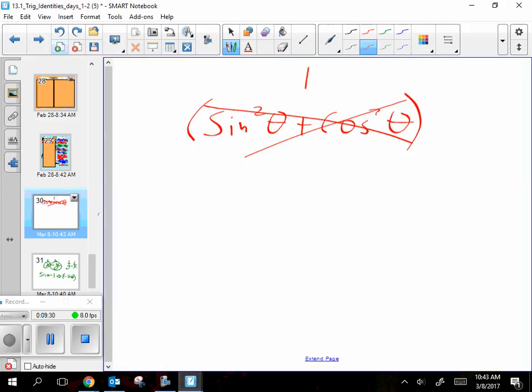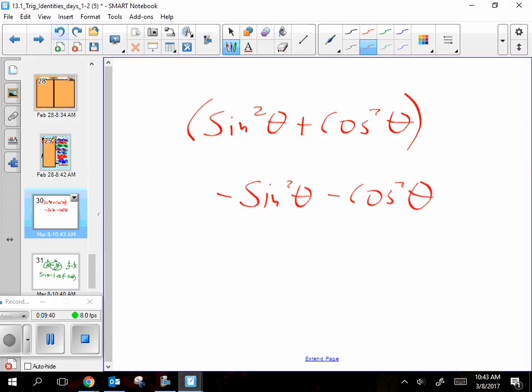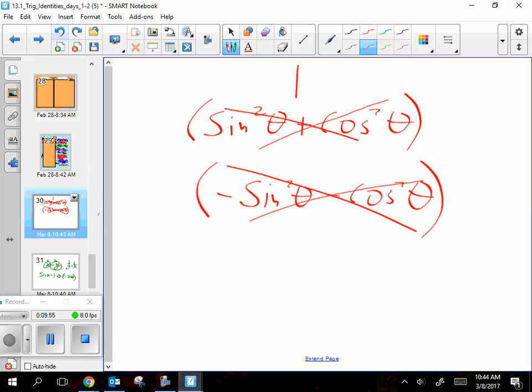But what if I had the opposite of it? What if I had negative sine squared theta and negative cosine squared theta? Do you get I could replace that with negative 1? This I could replace with positive 1. If this is the opposite of that, I can replace it with the opposite of 1. I can replace it with negative 1.